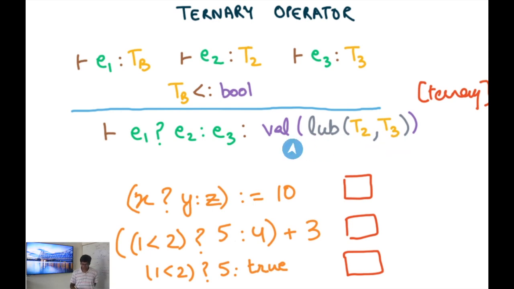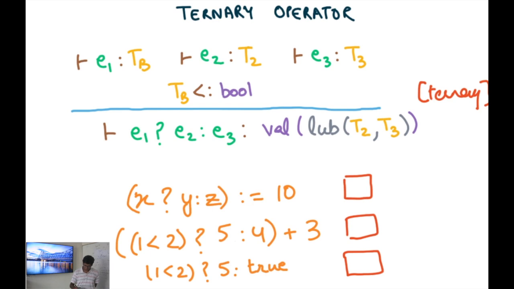Recall that for the if-then-else operator, we were basically saying that it is a void type, but for the ternary operator, we are actually giving a more precise type, a type that can be used in more operations. So let's look at some examples to understand what this typing rule admits and rejects.